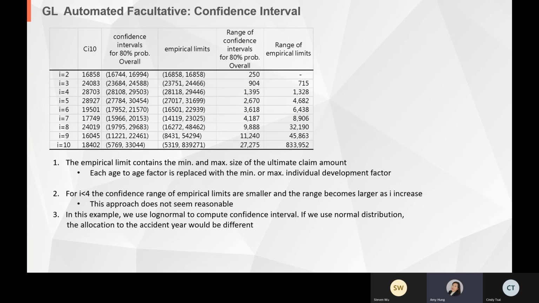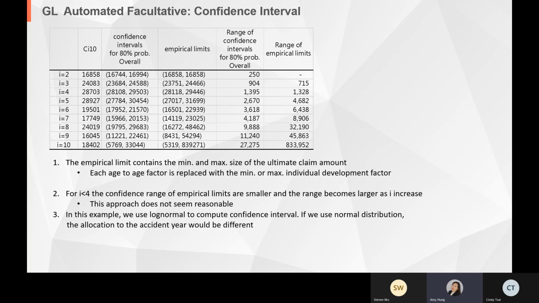We can finally get the confidence interval for 80% probability overall and the empirical limits. The empirical limits contain the minima and maxima size of the ultimate claim amount. Each H to H factor is replaced with the minima or maxima individual development factor.